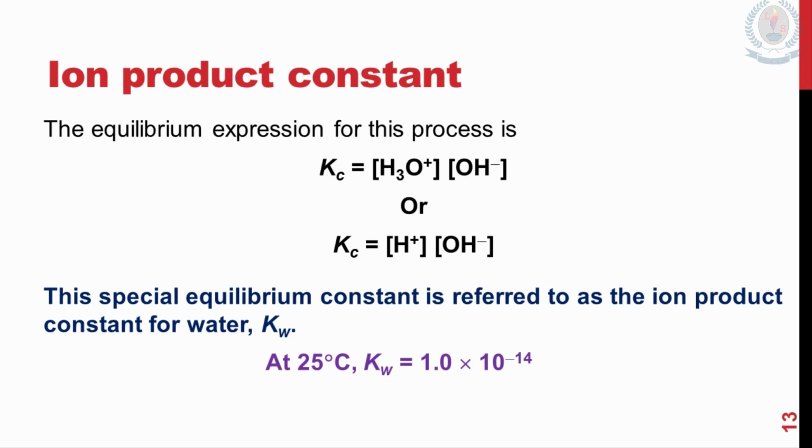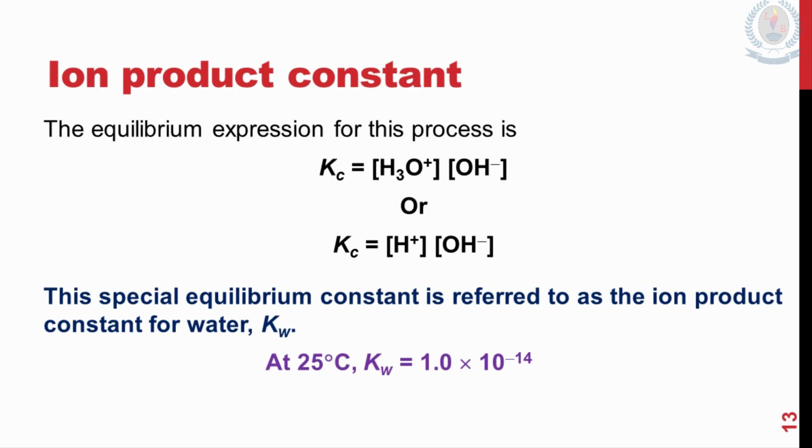Here I am going to speak about the ion product constant of water. The equilibrium expression for this process is Kc is equal to the concentration of H3O plus and hydroxide ion.